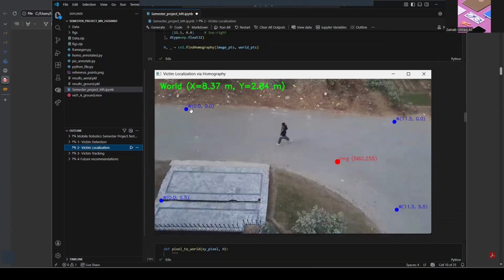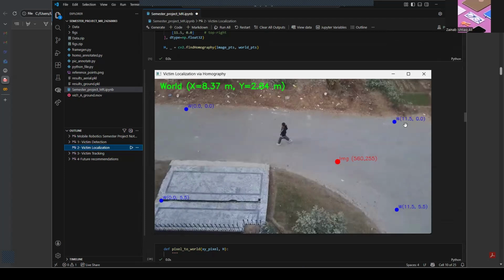So for this, what I have done is the area over which I was filming my aerial video, I actually measured the area. These 4 blue points will be my reference points in the real world that will show me the real world coordinates or distances between these blue dots. So for example, the top left blue dot over here is my reference point, which is at 0, 0.